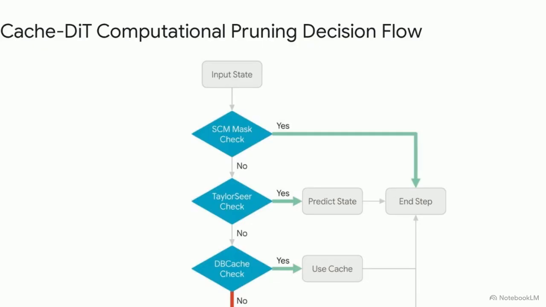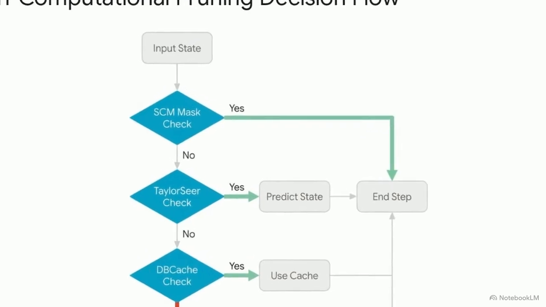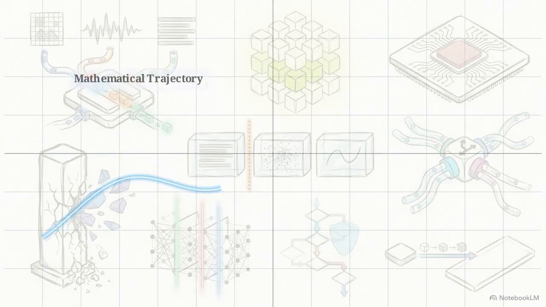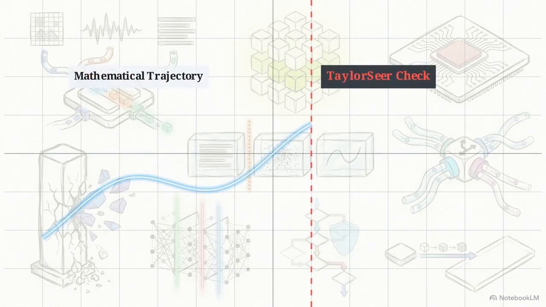This decision flowchart maps out how the system prunes compute. The first check is step computation masking, or SCM. It completely masks out steps that algorithms predict will have minimal impact on final image fidelity. The second check is Taylor seer. This bypasses static caching by using Taylor series polynomial extrapolation to mathematically predict the precise trajectory of the next output state.